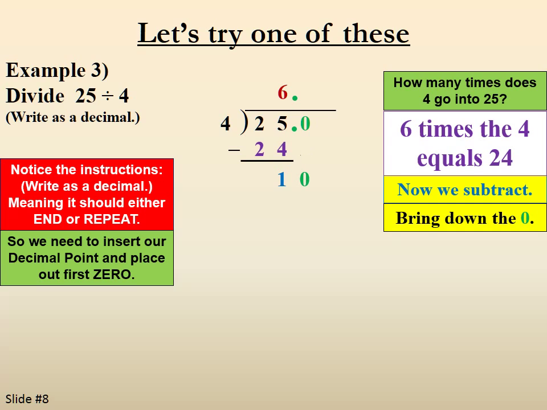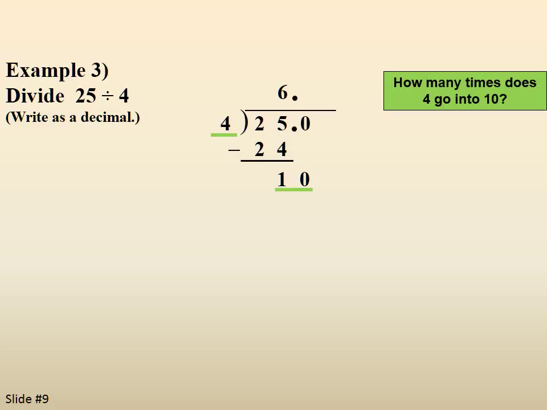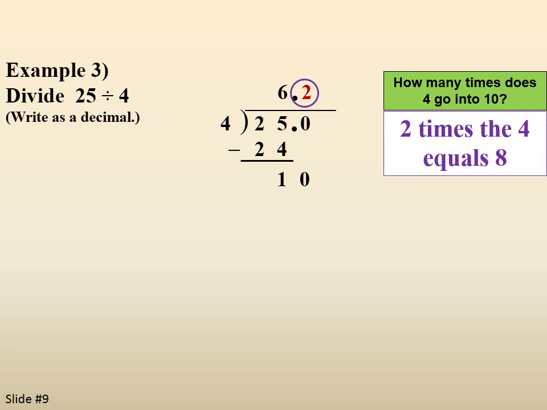So now how many times does 4 go into 10? It goes in 2 times. 2 times 4 is 8. We subtract.